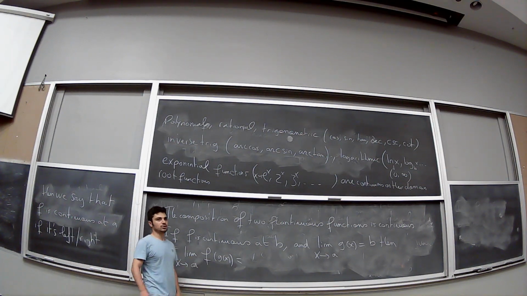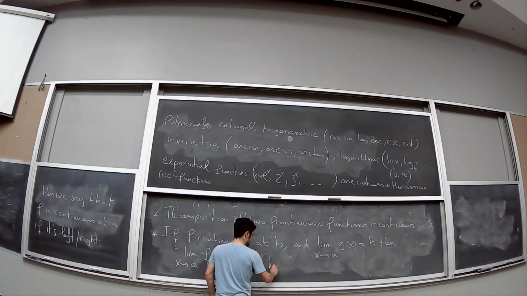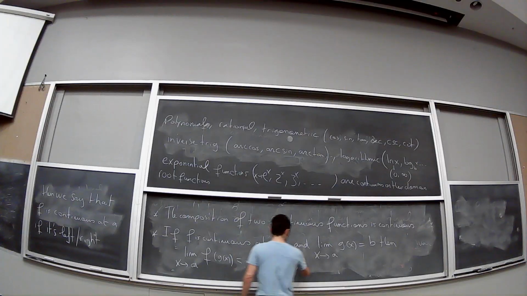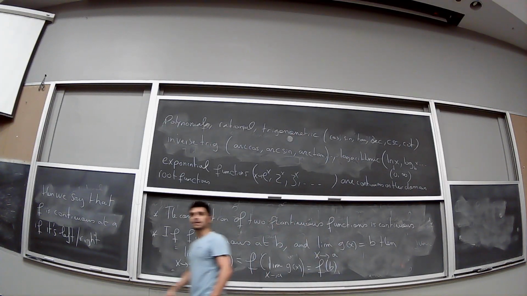F of g of x, where do you expect it to go? So this is just f of the limit as x approaches a of g of x, which is f of b. Okay? So far so good? Okay, great.